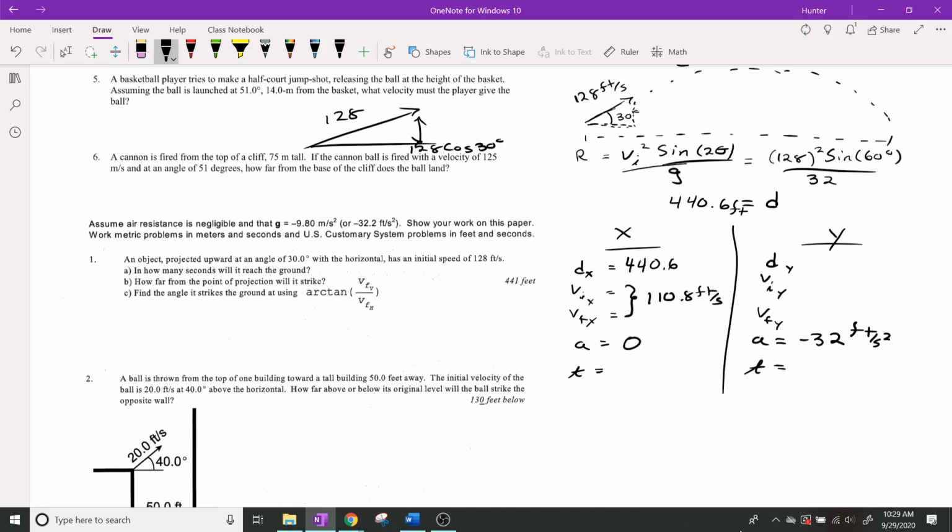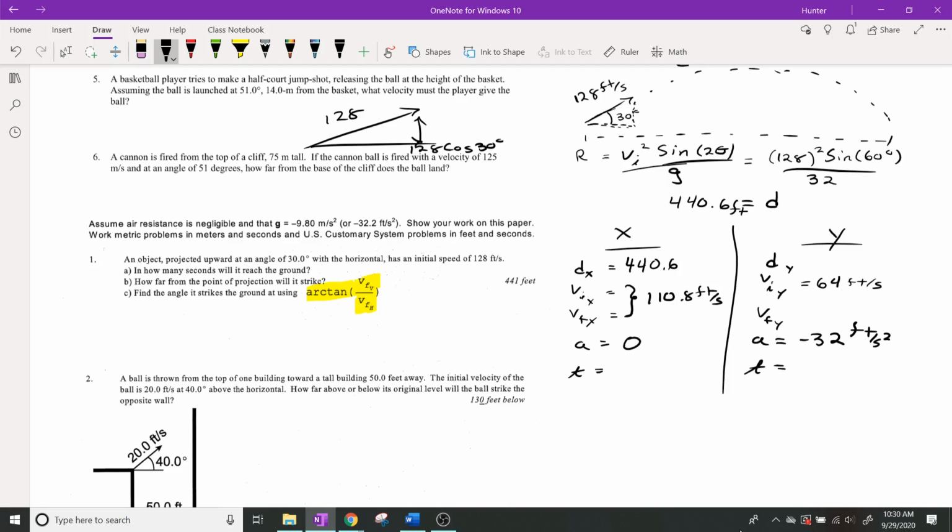It's below 45 degrees, so you're going to have more feet per second in this direction than you're going to have in the y direction, and that works for me. What would the speed be in the y direction? What's 128 sine of 30? 64 feet per second? Okay. I ask because I want you guys to actually try this in the calculator. If you type in the tan negative 1 of the y over the x, you should get 30 degrees.